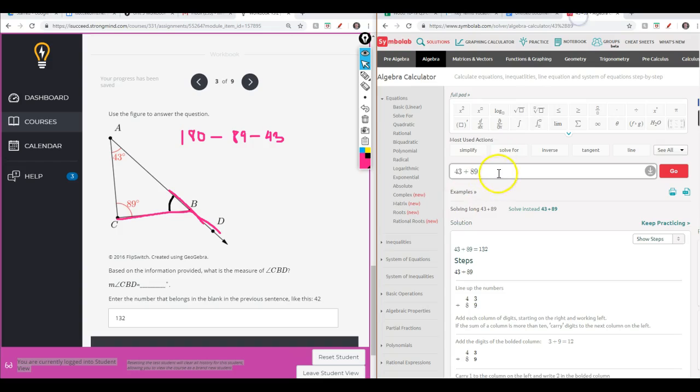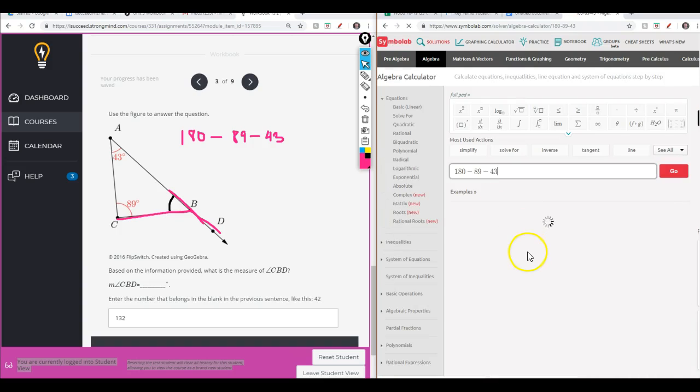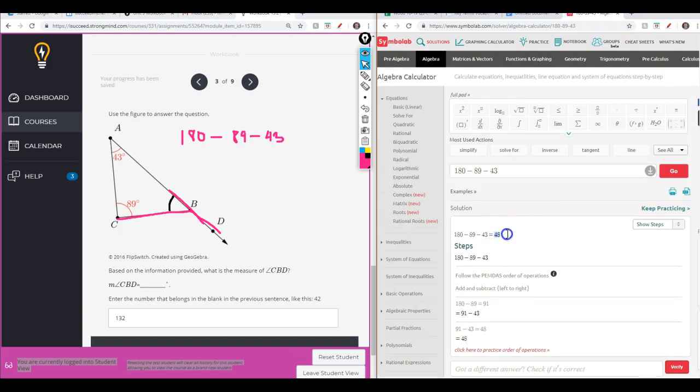So I'm going to just go over here, 180 minus 89 minus 43 gives us 48, and if you want the steps right here, here are the steps on how it found it. So we know that angle B is 48 degrees right here.